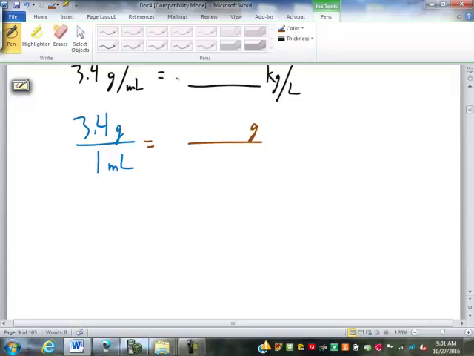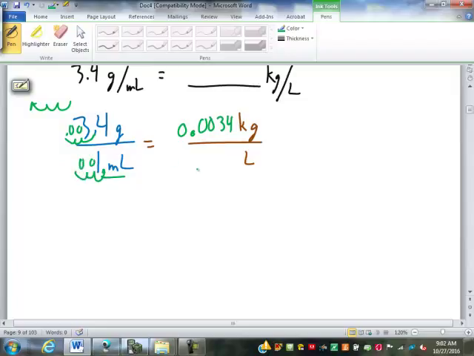We're changing grams to kilograms and milliliters to liters. Grams to kilograms is 3 spots to the left, right? So I move my decimal 3 spots to the left. Add my zeros, that is 0.0034 kilograms. Milliliters to liters is also 3 spots to the left. So I move my decimal 1, 2, 3.